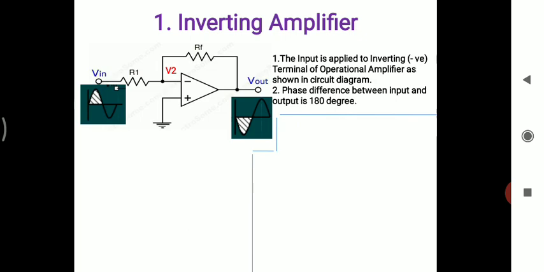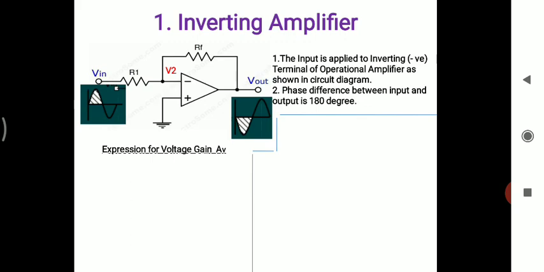Because of these two reasons, we are calling this op amp configuration an inverting amplifier. Let us see now the voltage gain of the inverting amplifier, that is, how we are going to derive it. This voltage gain is denoted as AV.